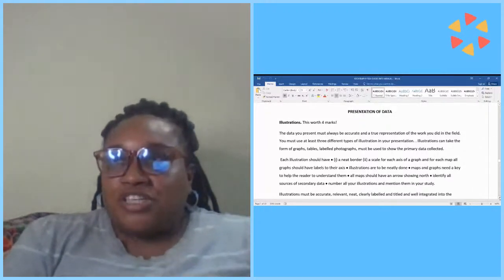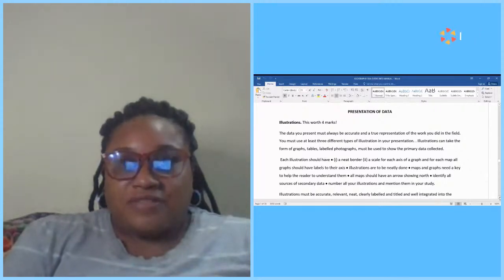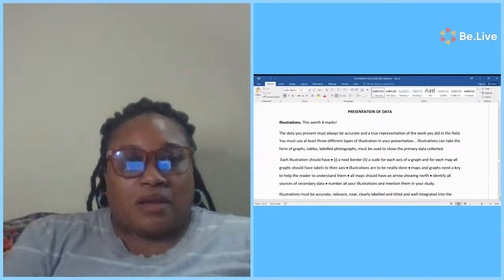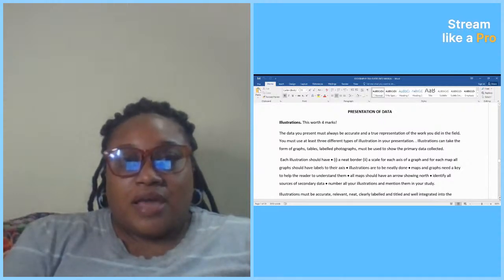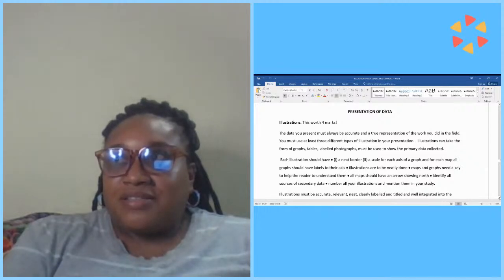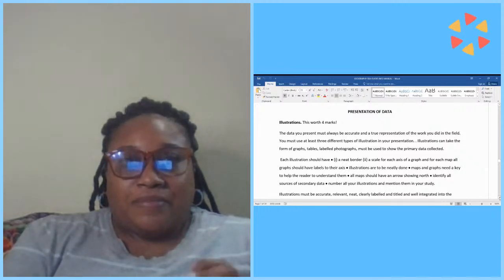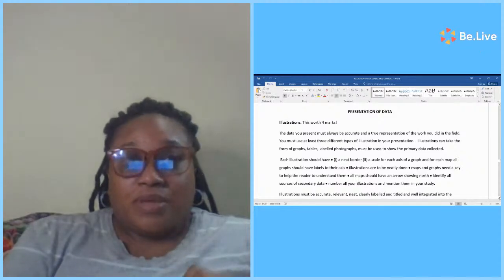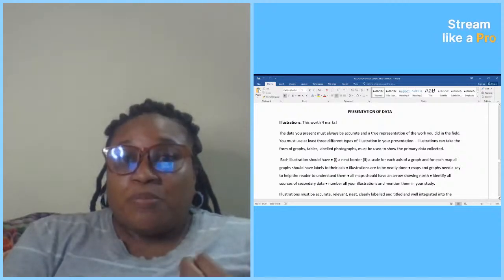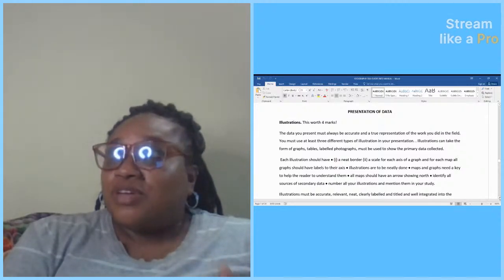So your illustration can stem from graphs, tables, labeled photographs, pie charts, any of the above, even diagrams, right? But a diagram, if it's taken from a book, may be considered secondary information, but your presentation should be your primary data, which is the data that you collected.